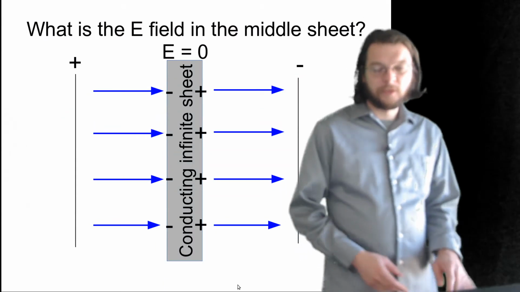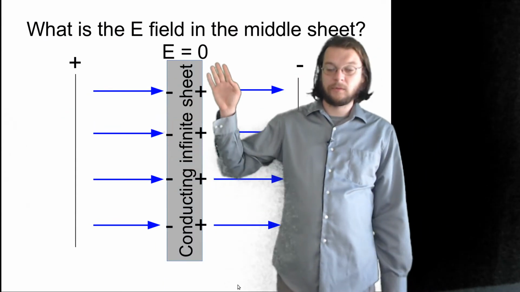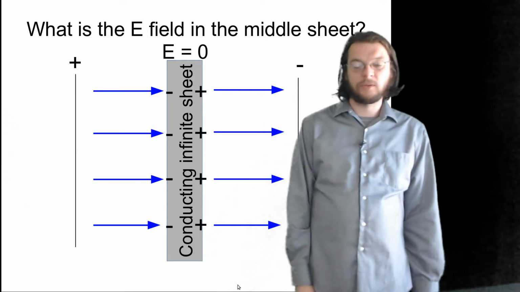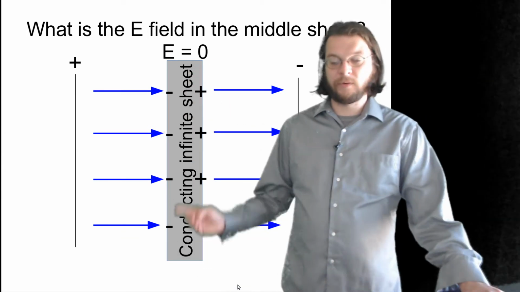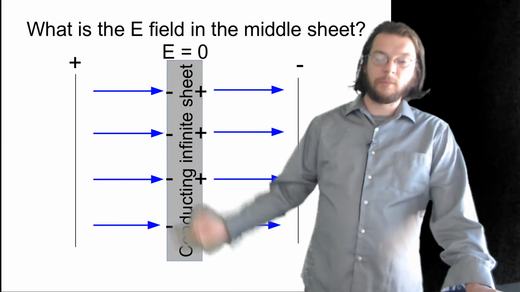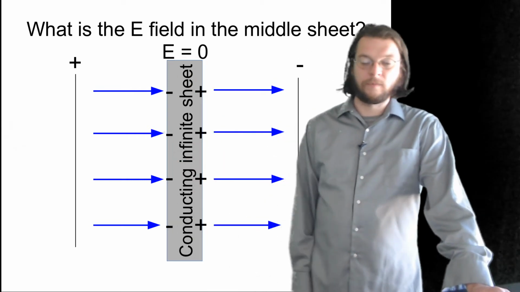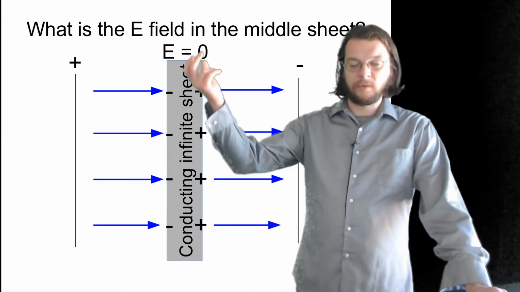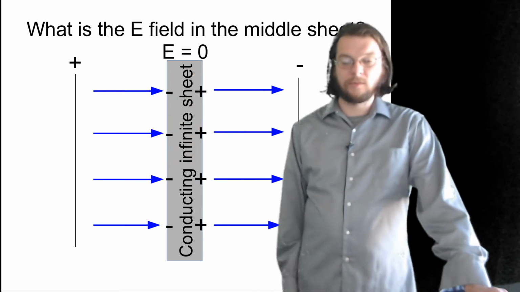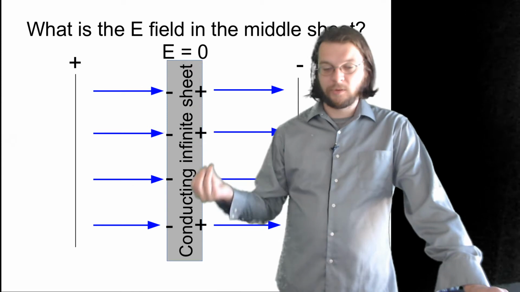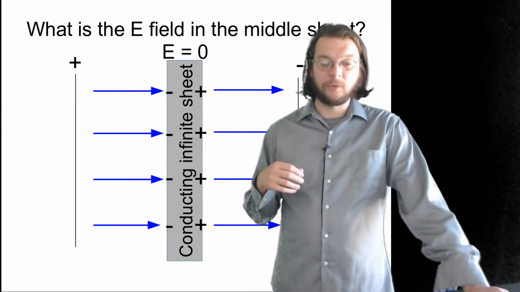Okay, so again, we've decided now that for a neutral piece of metal in between these two plates, the electric field is 0. Even if this metal was charged up, positively or negatively, inside of it the electric field is going to be 0. There might be different charges build up on the edges of the thing, but inside of it the electric field would be 0, because if it wasn't 0, the electrons would move until it was.